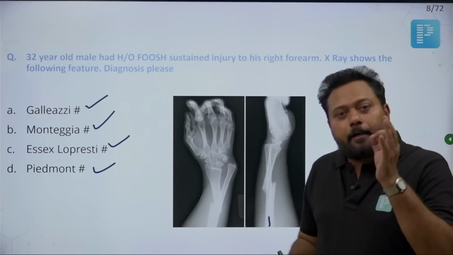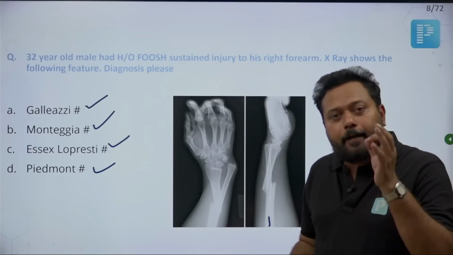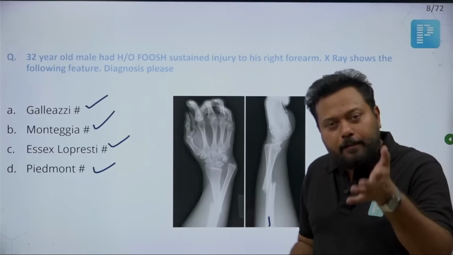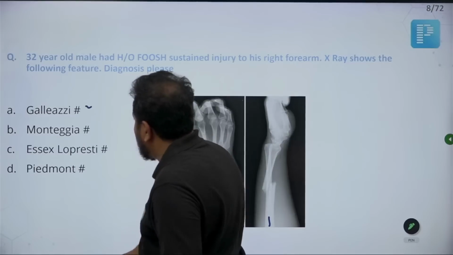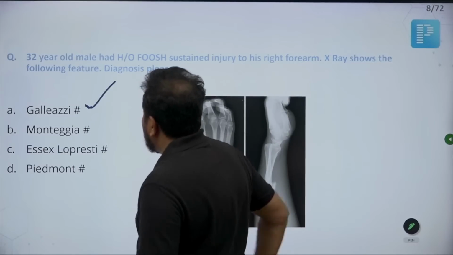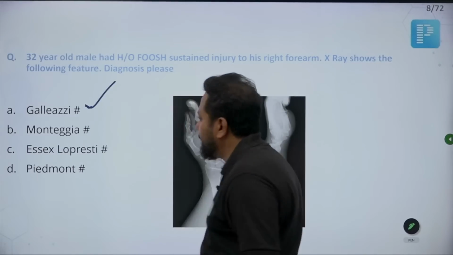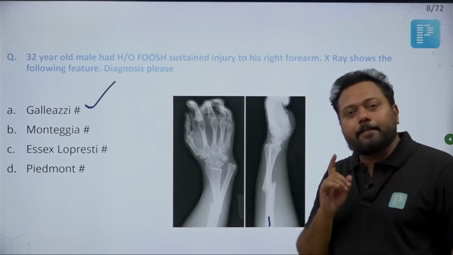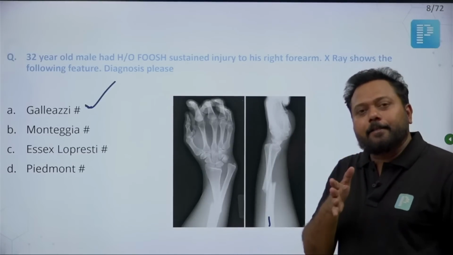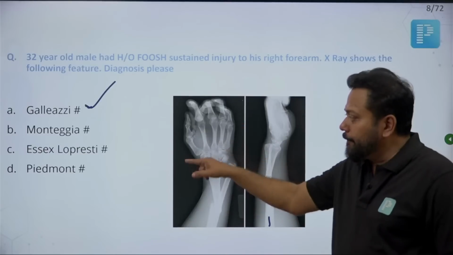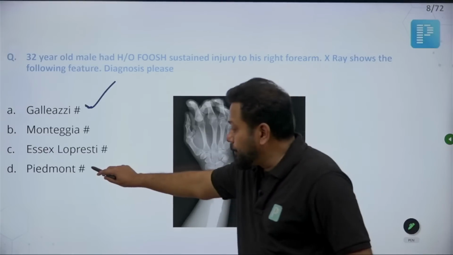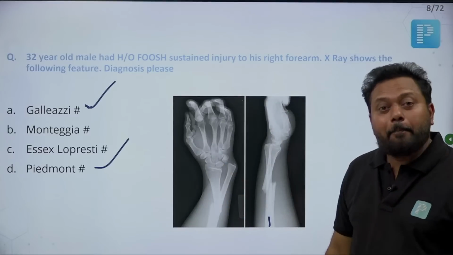Fracture of the lower third radius with disruption of the distal radio-ulnar joint is called Galeazzi fracture. So the right answer is Galeazzi fracture. Galeazzi fracture is a fracture of the distal third radius with distal radio-ulnar joint disruption. Galeazzi fracture is otherwise called Piedmont fracture.